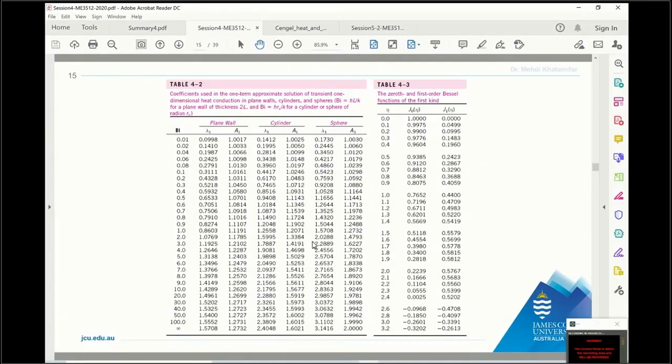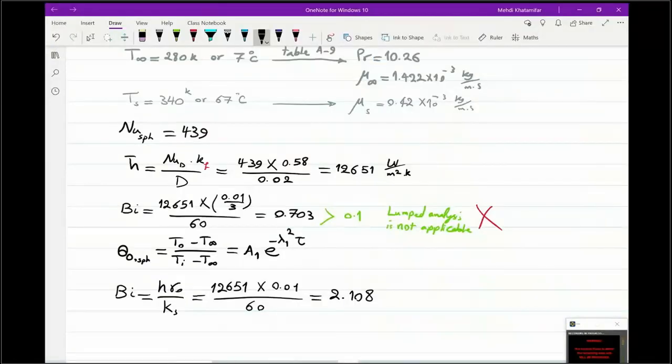So for a sphere, lambda 1 is going to be around 2 point something, and A1 is going to be 1.4, and you need to again interpolate. So from table 4.2 you are going to get lambda 1, which is 2.06, and A1, 1.478.